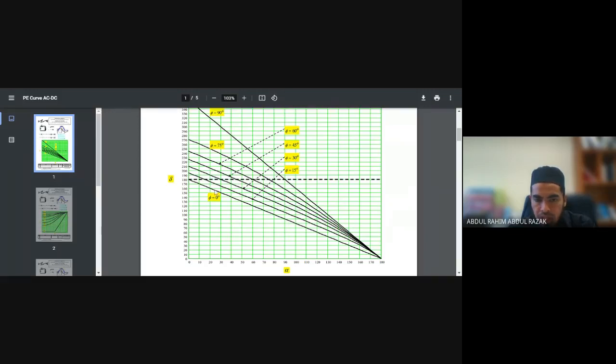So this is the lowest curve that you can follow. If you have an SCR and trigger at 0, the extinction angle will be 180. If you trigger at 20, your extinction angle will be 160.